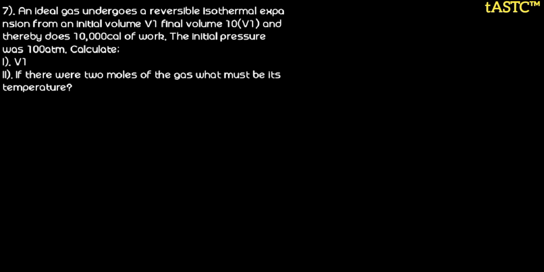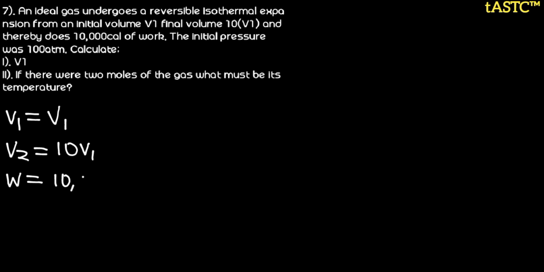So let us bring out the parameters once more. We have a V1. Now V1 was not told to us, so we're just going to leave that as V1. And V2 is 10 V1. And we also have the work. So W is equal to 10,000 calories of work. And we also have the initial pressure. So that is P1. P1 is equal to 100 atm.